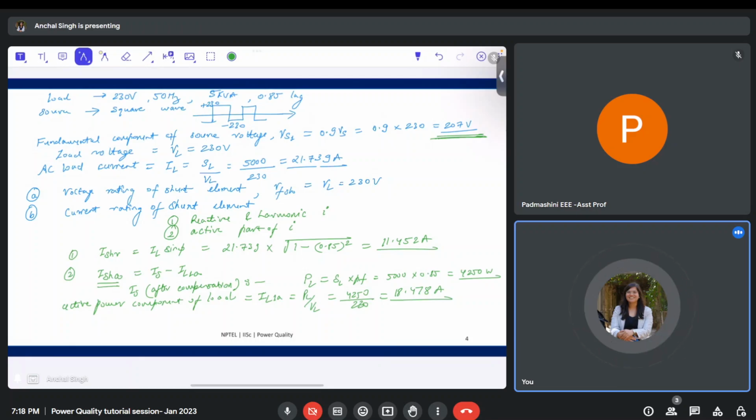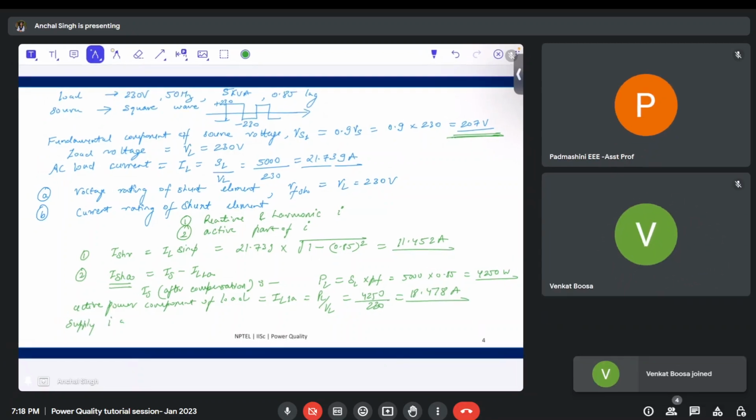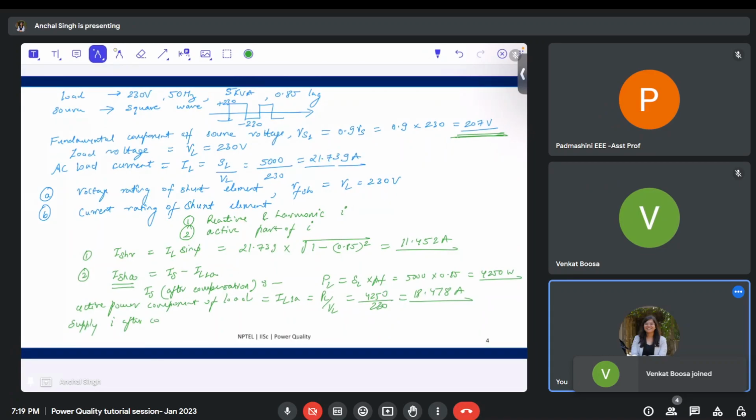And after compensation, our supply current will supply only the fundamental part of the source voltage, right? And we have already calculated the fundamental part of the source voltage as 207 volts. So we can calculate the supply current after compensation. Let me call it IS.